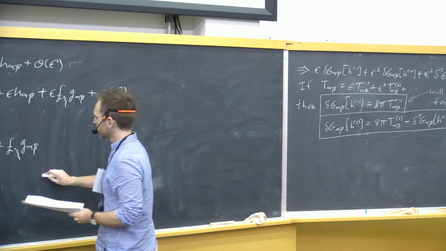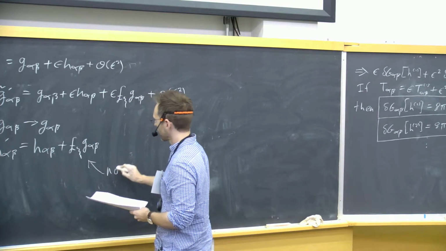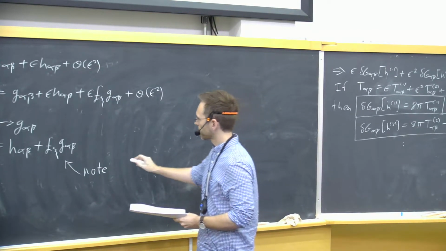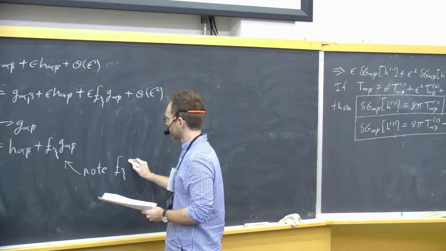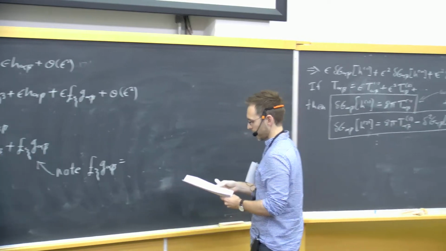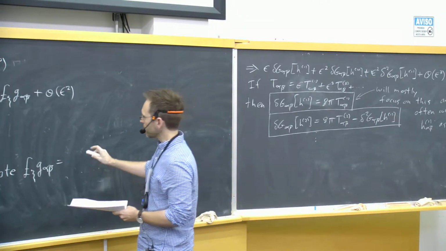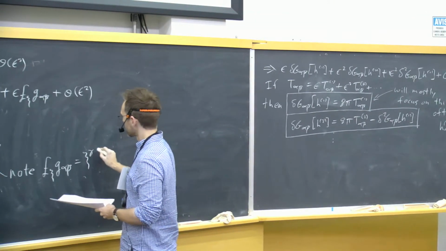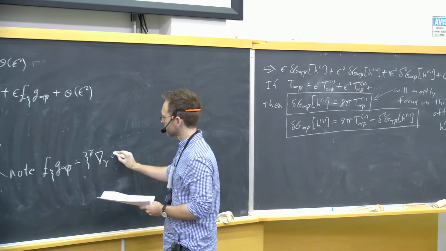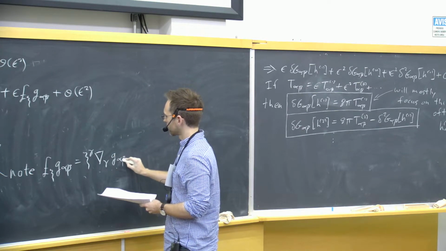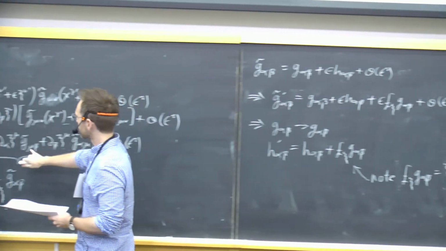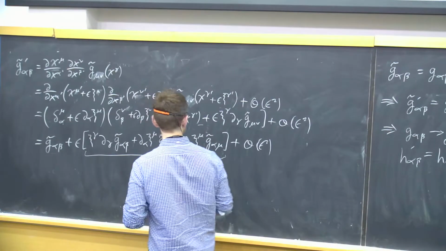Now note that we can write this in a slightly different way. The Lie derivative of the metric is xi gamma covariant derivative acting on g alpha beta. So for a Lie derivative, you can always replace partial derivatives everywhere with covariant derivatives.